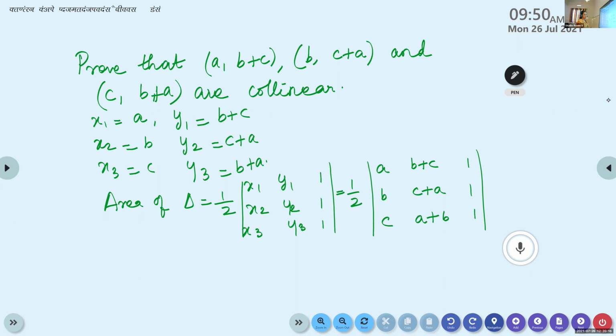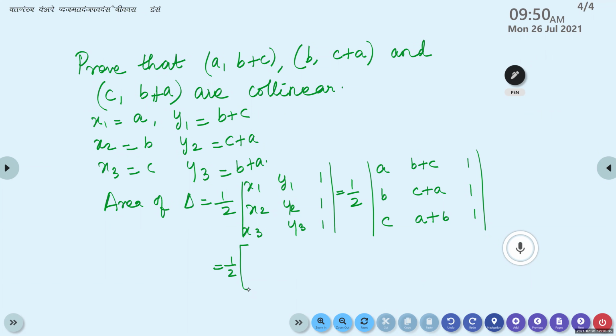You expand this determinant. Anila Mohanan, can you give the steps, Anila?